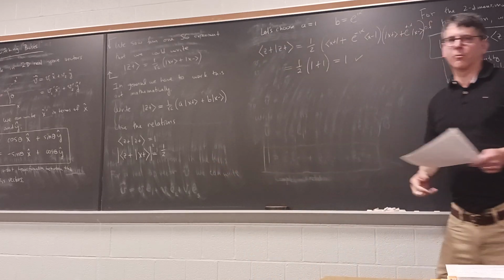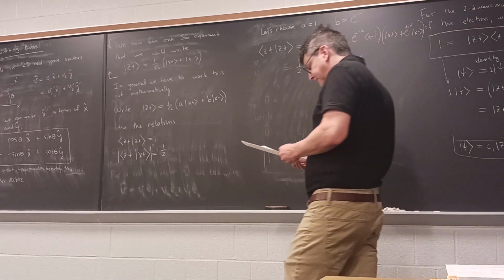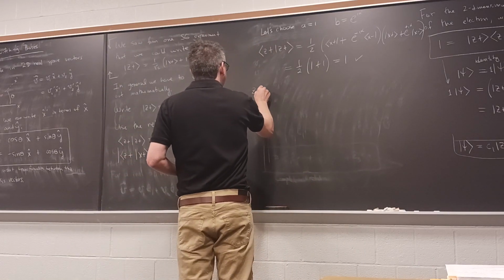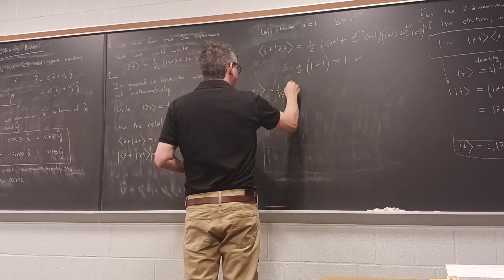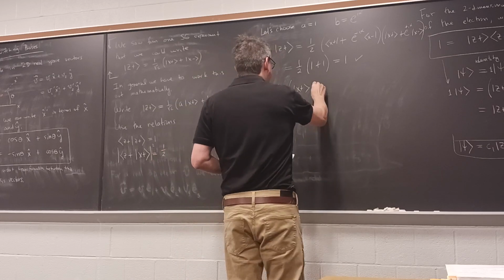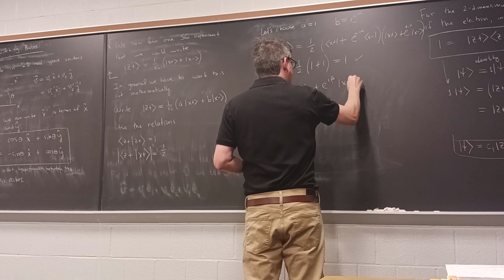Okay, so it works as a normalized vector. And now let's write z minus as 1 over the square root of 2 times x plus plus e to the i beta x minus.